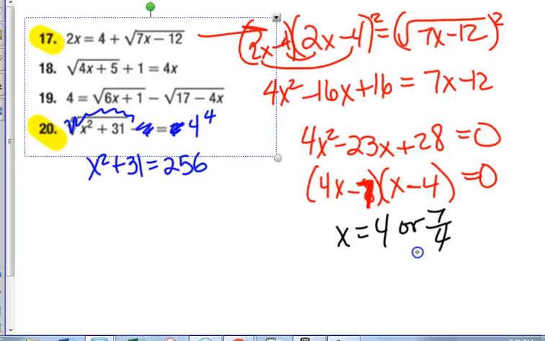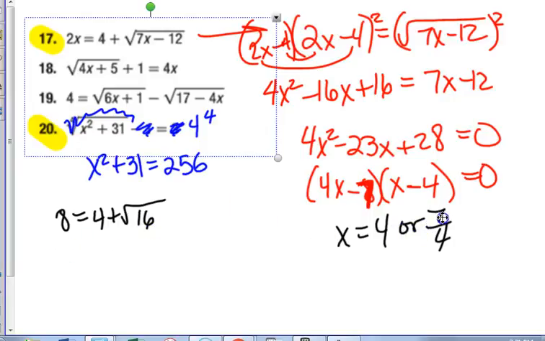What's the important thing? When you square both sides, you often get extraneous solutions. All right, if I put a 4 back in here, I get 8 equals 4 plus the square root of, what's 28 minus 12 would be 16. Does that seem okay? 4 plus the square root of 16 would be 4, that's 8.